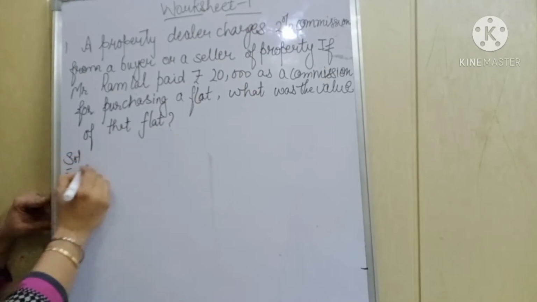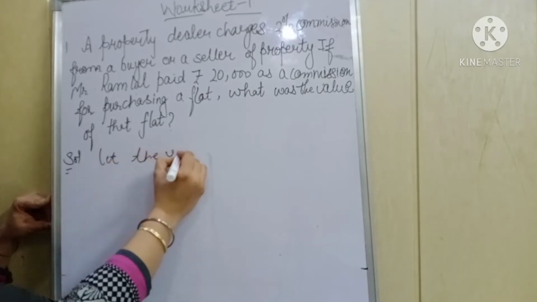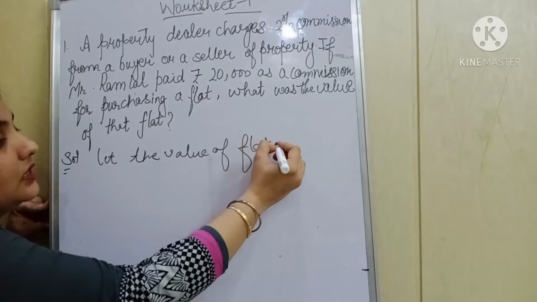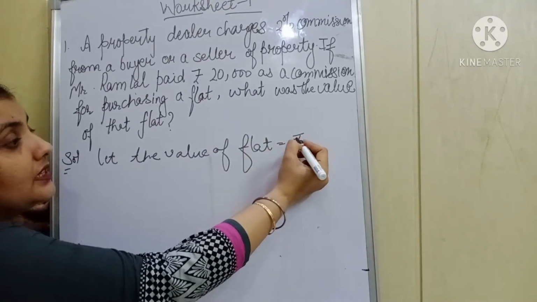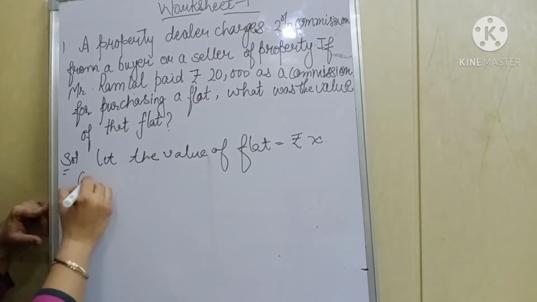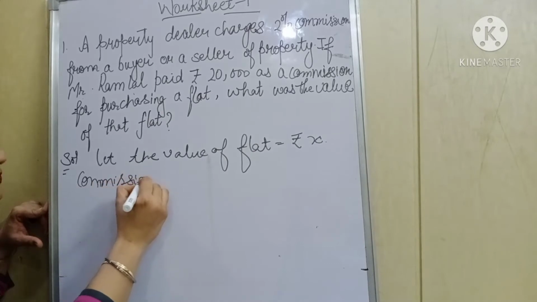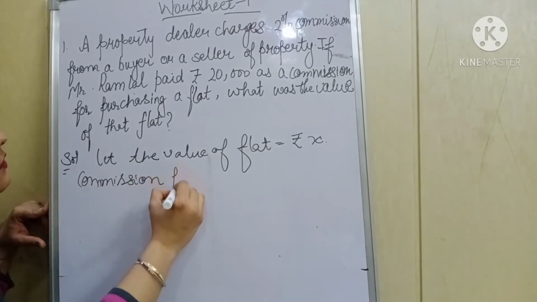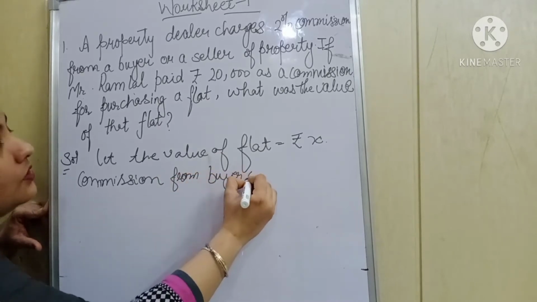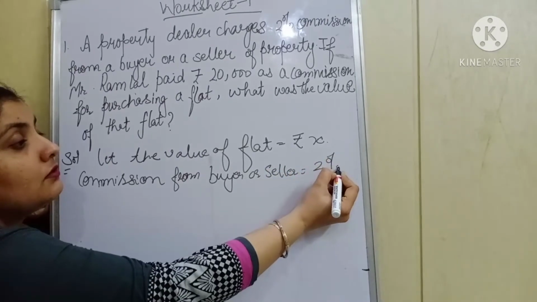How can we solve? Let the value of flat be equal to rupees X. Now, commission from buyer or seller is equal to 2%.